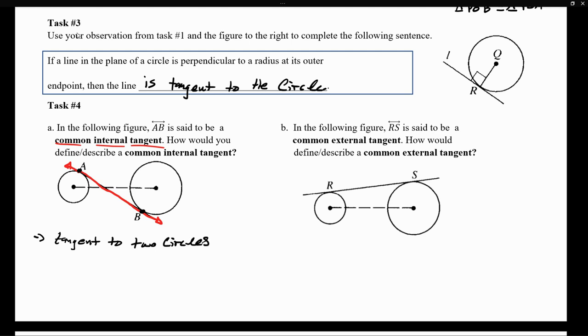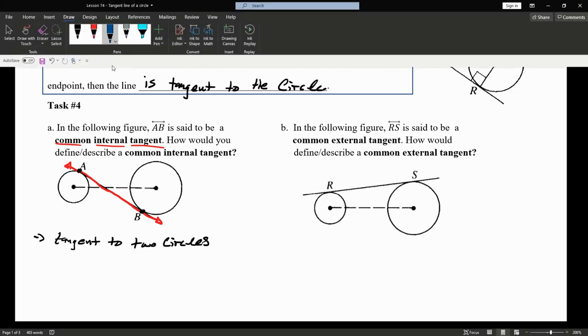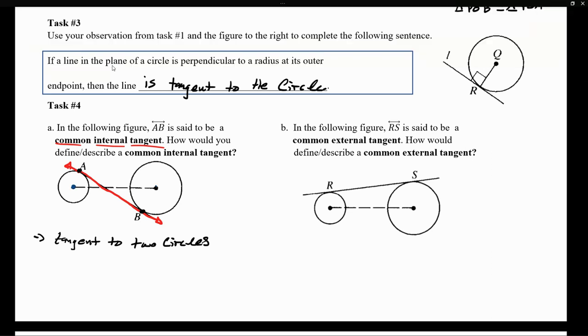Also notice that it intersects the segment joining the centers. Here we have our first center and here we have a second center. If I connect the centers, notice that this tangent line is also intersecting the line that connects the centers of the circles which this line is tangent to.